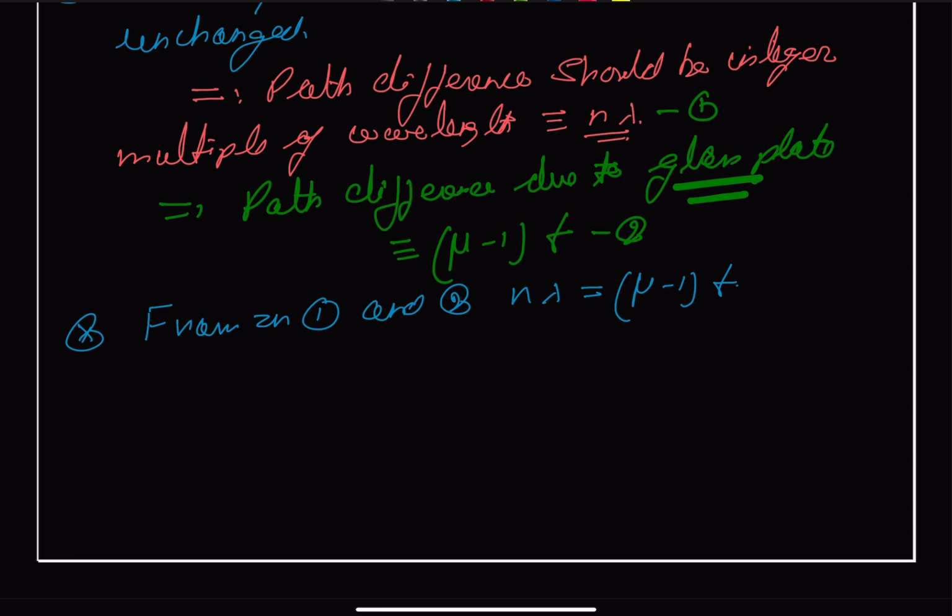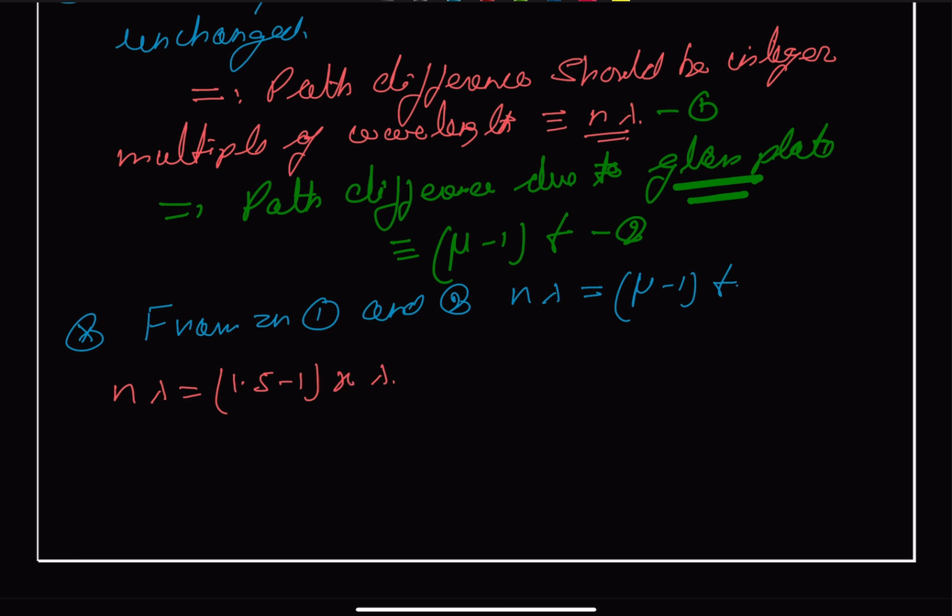So n times lambda is equal to mu, which is given to us as 1.5 minus 1, times x times lambda.